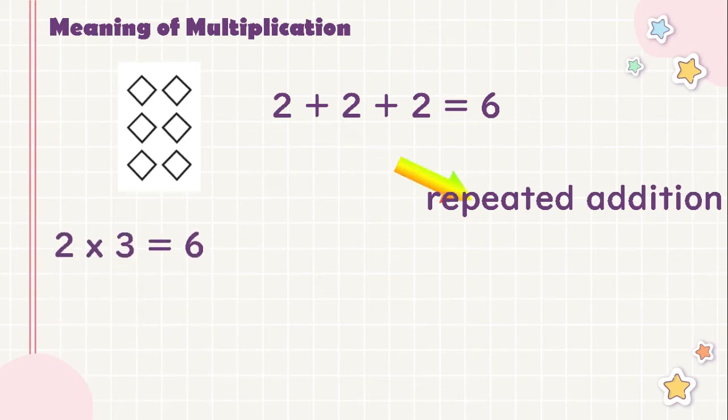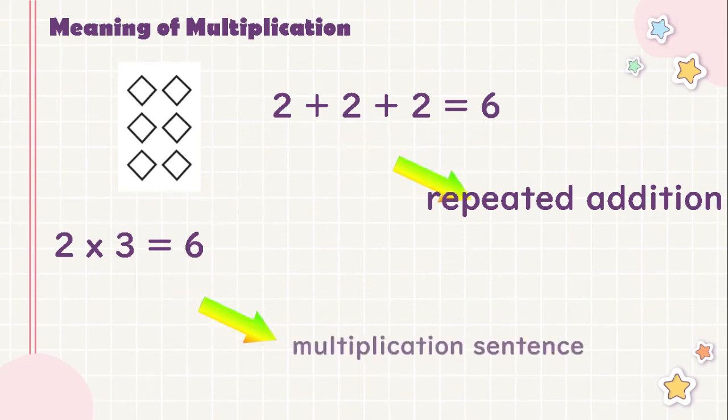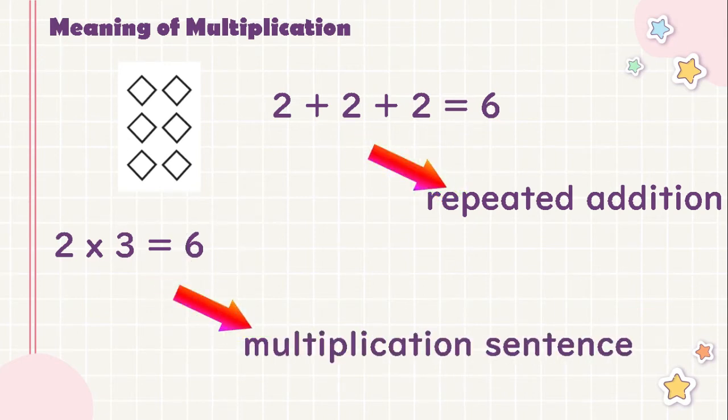For multiplication sentence, we can have it like this. So si 2, yan yung number ng diamonds in each group. And si 3 naman, yan yung number of groups of diamonds. And 6 is the totality of the diamonds. So this is our multiplication sentence.